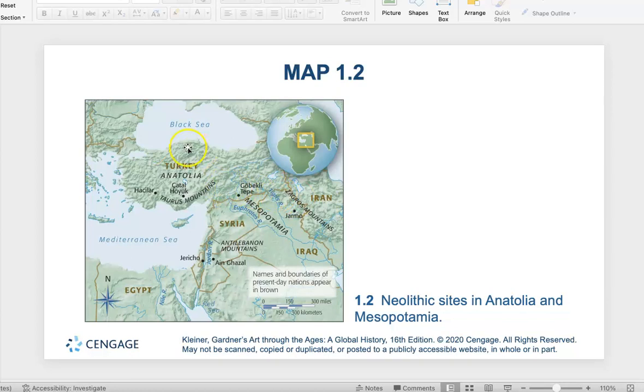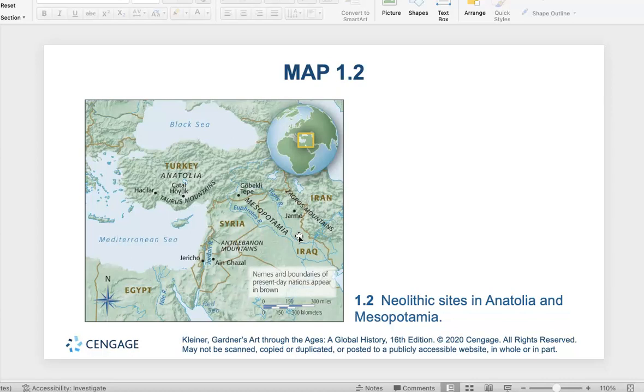We've got Turkey, Syria, Iran, Iraq, Egypt, and what have you. Okay, there's the Mediterranean Sea. You've got Jericho over here, the Nile River over here. Okay, the Euphrates River, the Tigris River, which will become extremely important. The next time I do one of these videos, we're going to do Mesopotamia and the cradle of civilization.